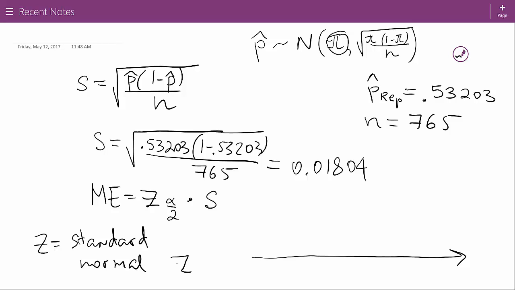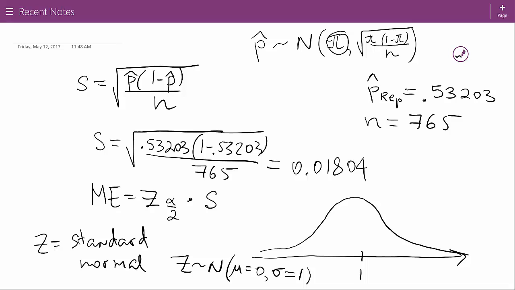Z is distributed normally with the mean of how much? What's the average for the standard normal distribution? 0, that's right. And the standard deviation sigma is 1. So here's the normal shape.